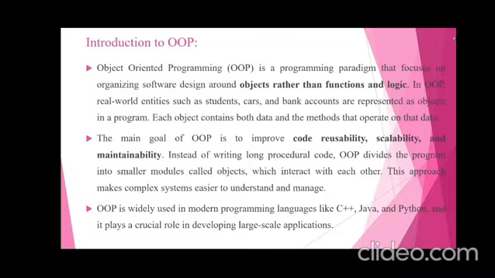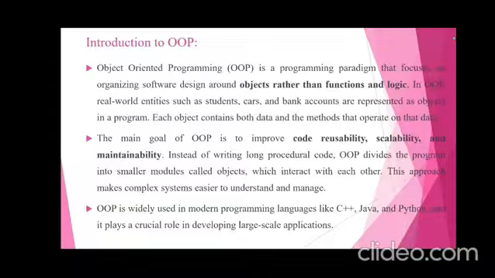Instead of writing one big and complex program, object-oriented programming breaks it into smaller parts called objects. Each object does a specific task and all the objects communicate with each other to complete the program. Even if the system is very large, it becomes easy to understand, debug and manage because everything is organized into smaller and simple parts.